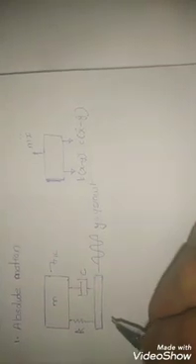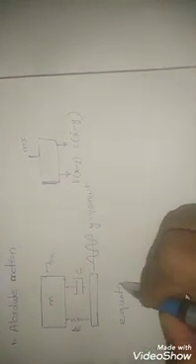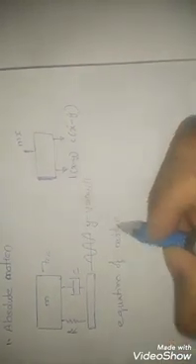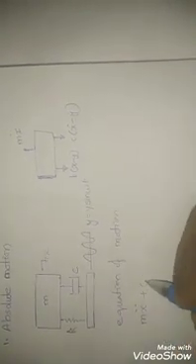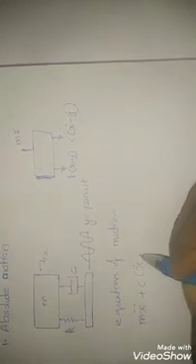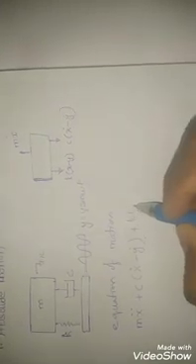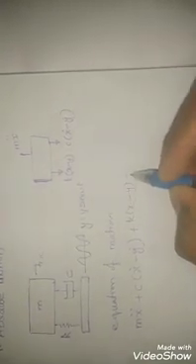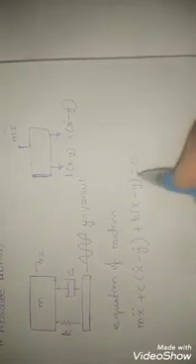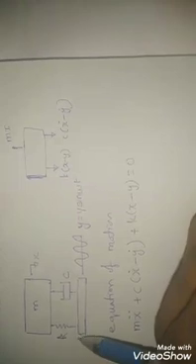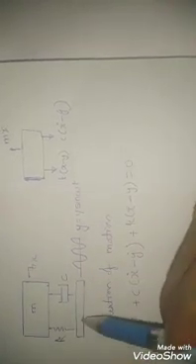Hence the equation of motion is m x double dot plus C of x dot minus y dot plus K of x minus y equal to 0. This is not forced vibration, this is free vibration where the vibrating structure is mounted on a moving support.